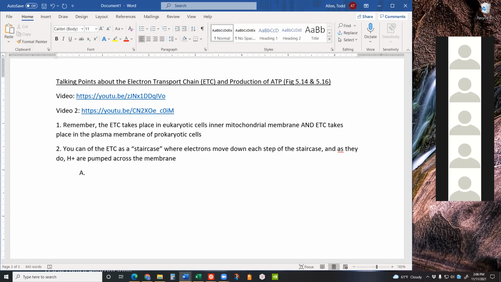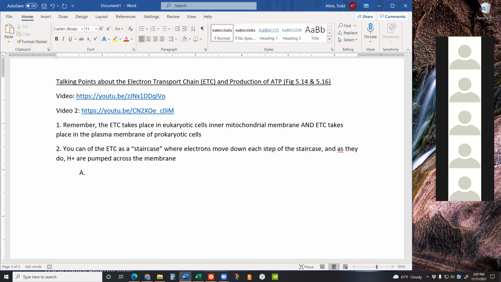You all know, I know you know, if you think about it for a moment, you know what the source of hydrogen ions are. And if you don't know, you can look at figure 5.16 quickly and you say, oh, there's NADH, right? Figure 5.16, orange ball number 1, do you see NADH?